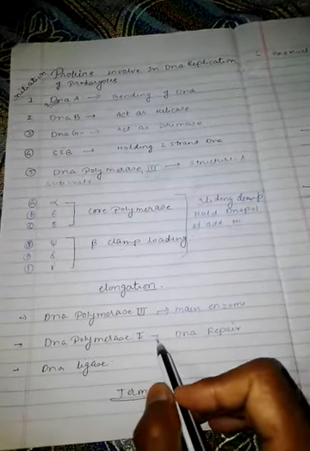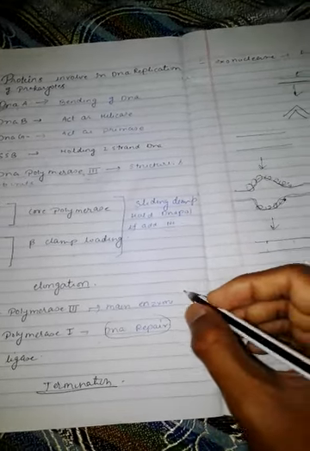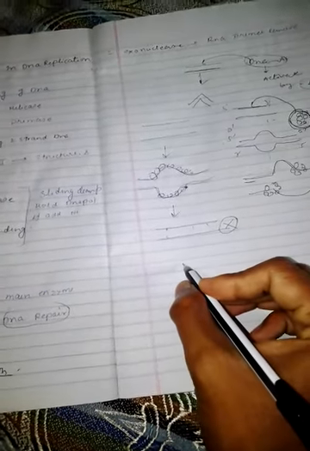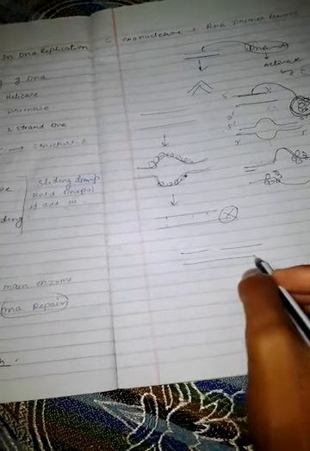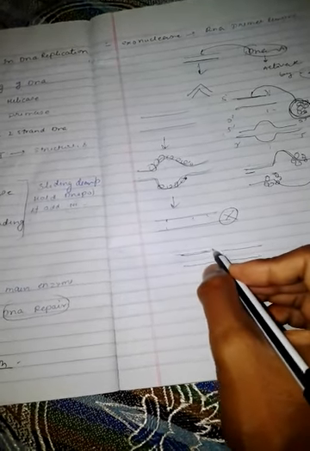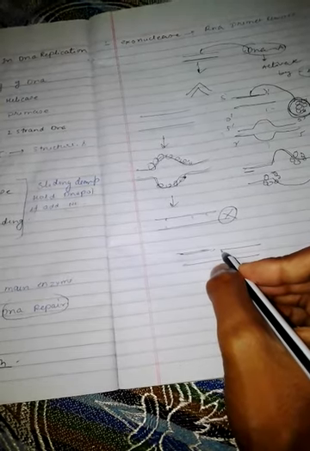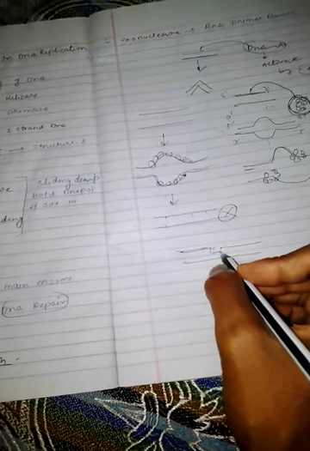DNA polymerase I helps in DNA repair and also adds nucleotides when filling the gap. Like this nucleotide will be removed from that.